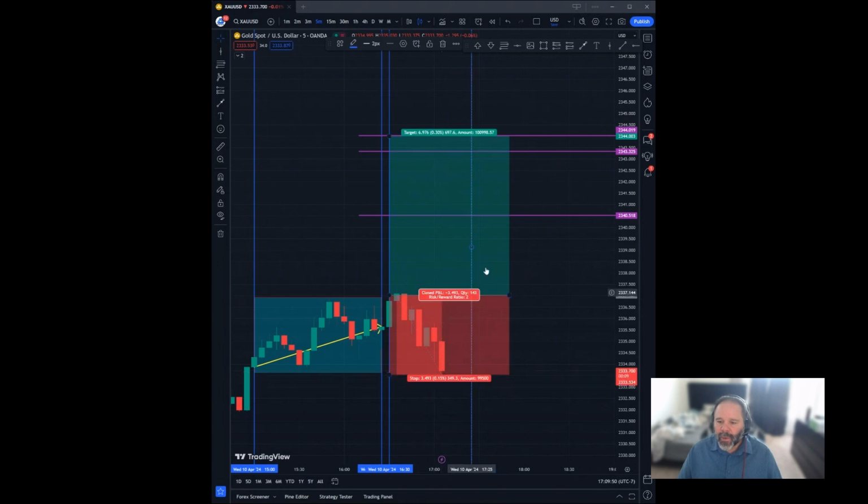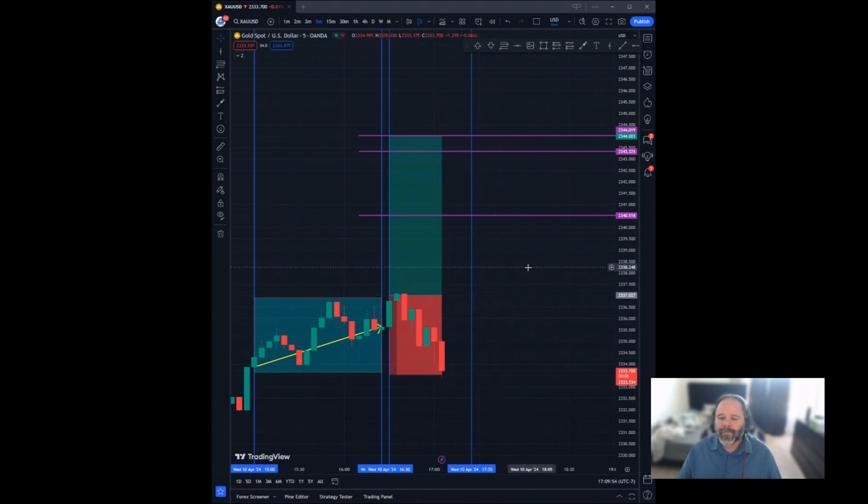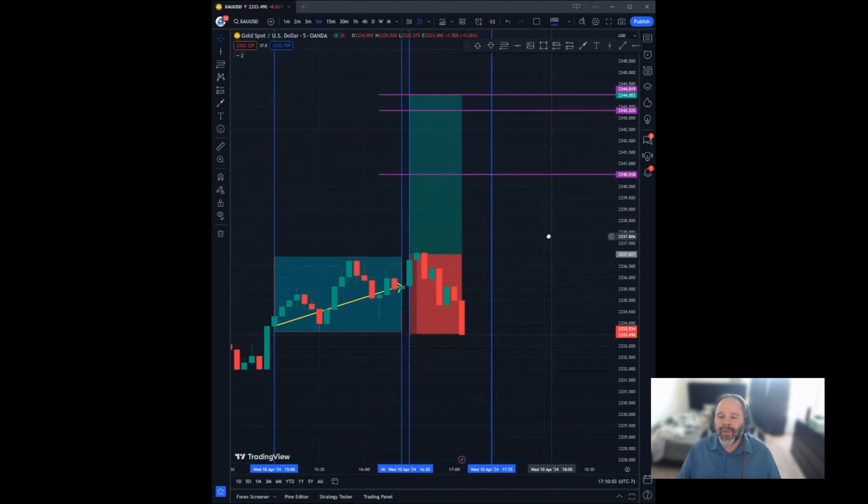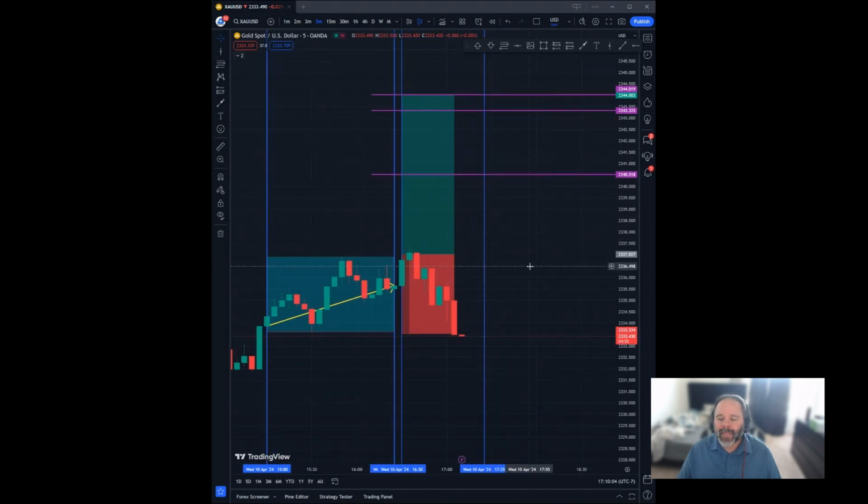So this one already hit the stop loss right there. So we have to wait for the kill zone to prepare so we can enter the market again as a recovery trade. So now going back to the pre-kill zone, which is this area right here, the pre-kill zone.